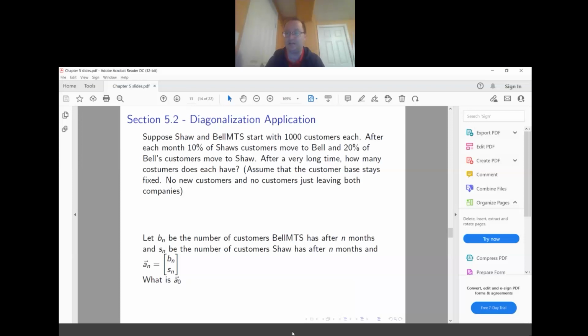How can we tell? So, I mean, we're not increasing their customers by 10%. There's nothing here that says Bell's customers increased by 10%. What is 10%?